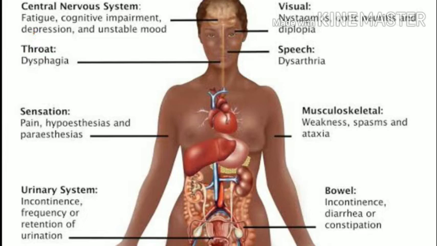These signs and symptoms are characterized by two different stages, relapsing remitting multiple sclerosis and primary progressive multiple sclerosis. In relapsing remitting multiple sclerosis, attacks or exacerbations are seen, and in primary progressive multiple sclerosis, the signs and symptoms develop very slowly.